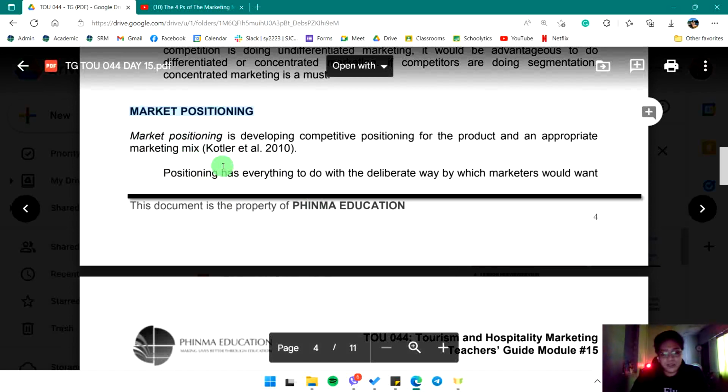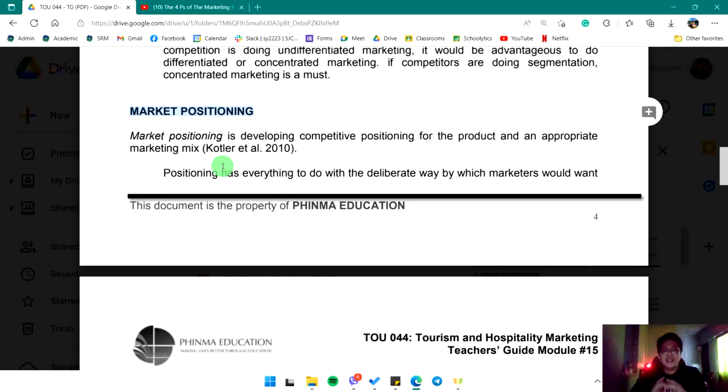When it comes to market positioning, ibig sabihin po nito is how the market or ano ang iniisip ng market natin sa ating mga produkto. Ano nga ba ang position ng ating business sa consumer buying behavior ng ating market?